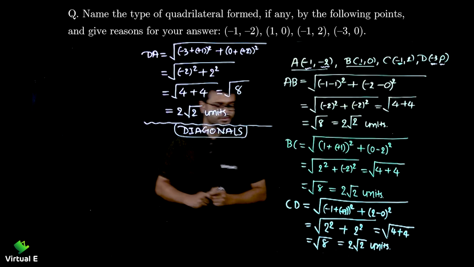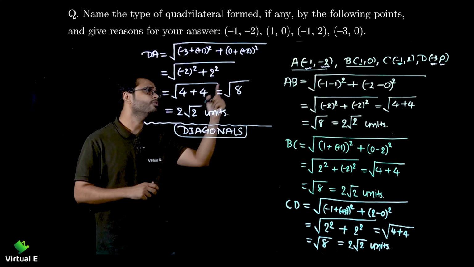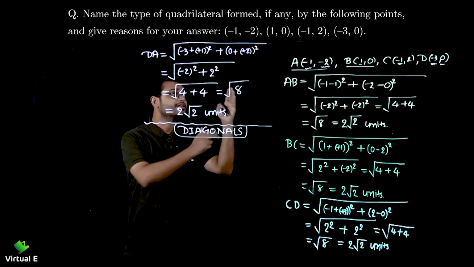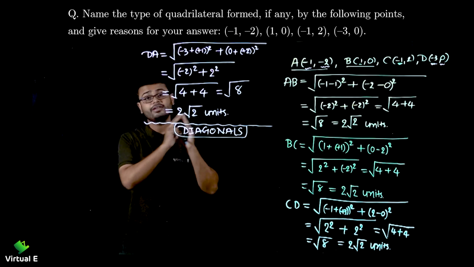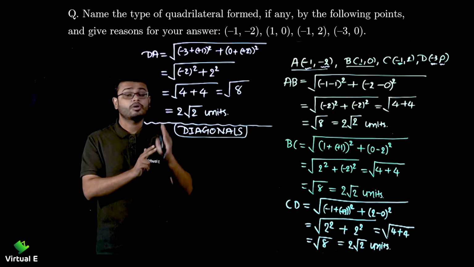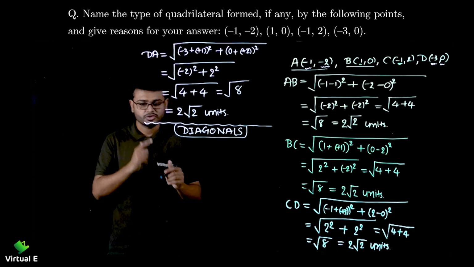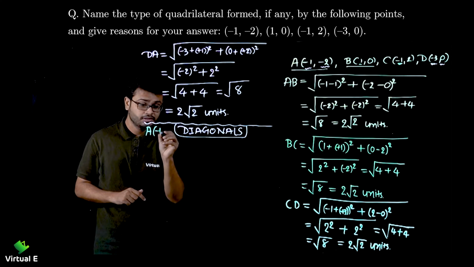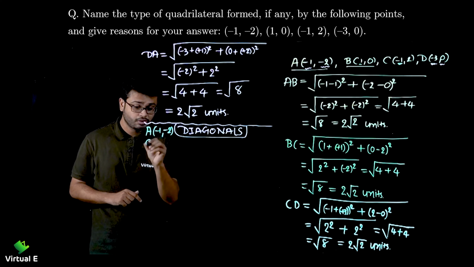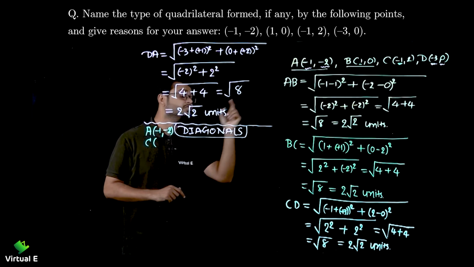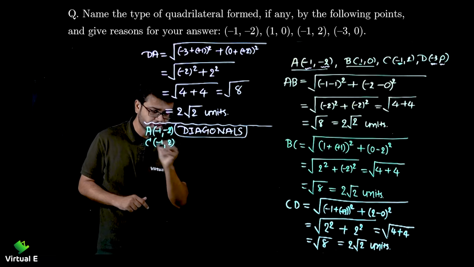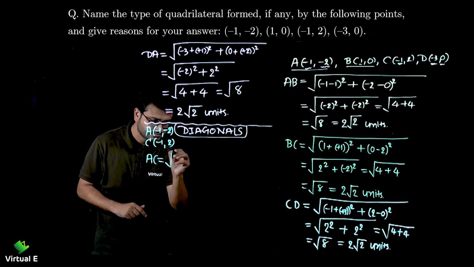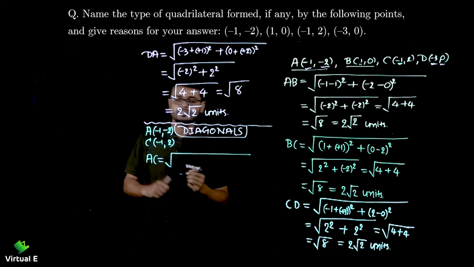So let's do the calculations for the diagonal. I'm going to find first AC. So I'm going to write the coordinates because they are a little bit far, so it is confusing. And if you are taking wrong number in the formula, you are not going to get the correct answer. So be careful for that as well. Coordinates of A, which is -1 and -2. Coordinates of C, which is -1 and +2. I need to find the value of diagonal AC. So square root will be as it is for distance formula.